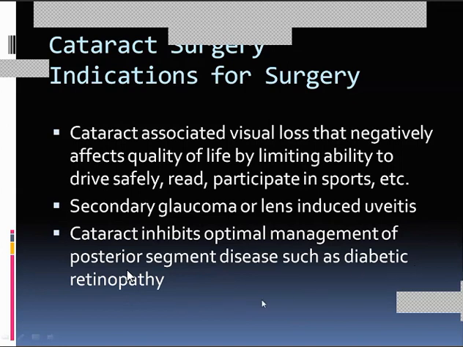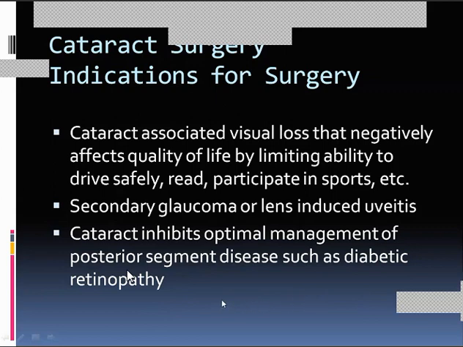Why? When there is diabetic retinopathy, management of the posterior segment disease is somewhat difficult because we are unable to see the retinal changes.